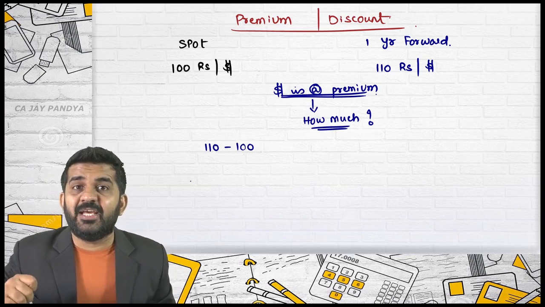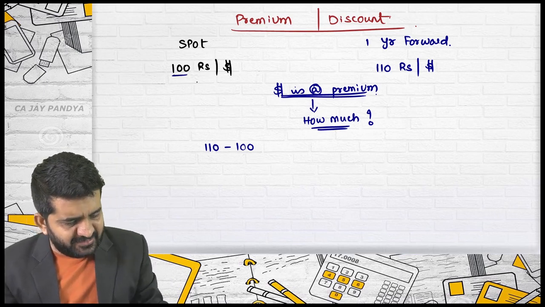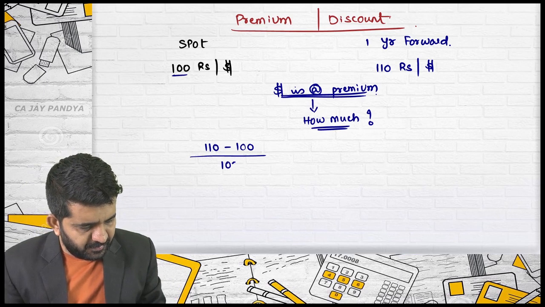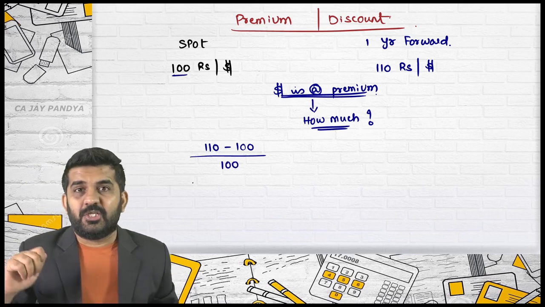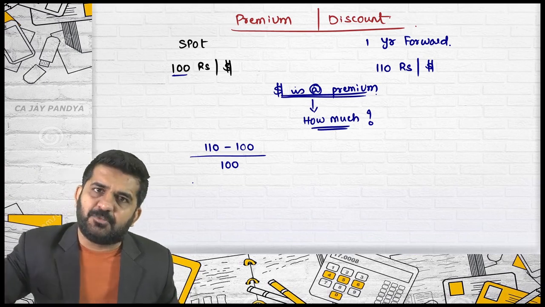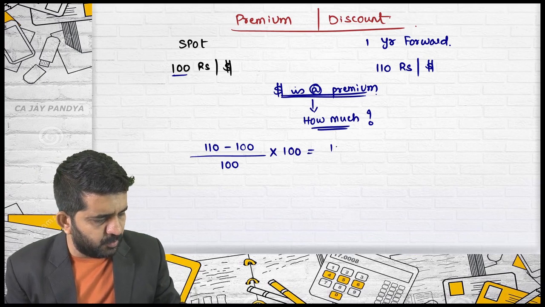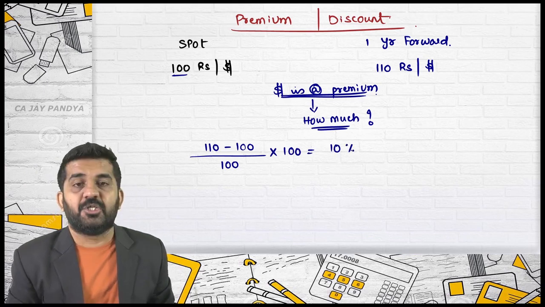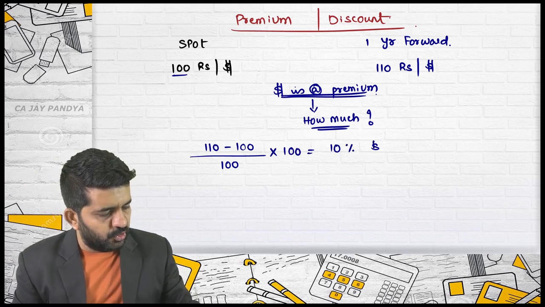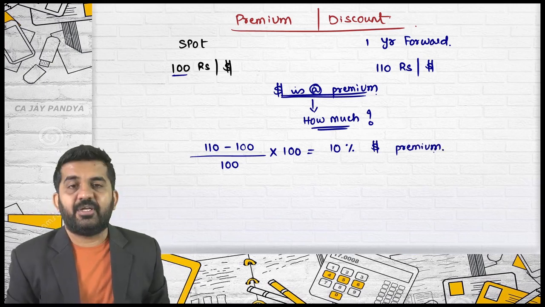This much it has increased. What was it in base year? 100. So 10 rupees on 100 rupees has increased. It was 100 and it has become 110. Multiplied by 100, this will be nothing but 10%. So dollar is at a premium of 10%.